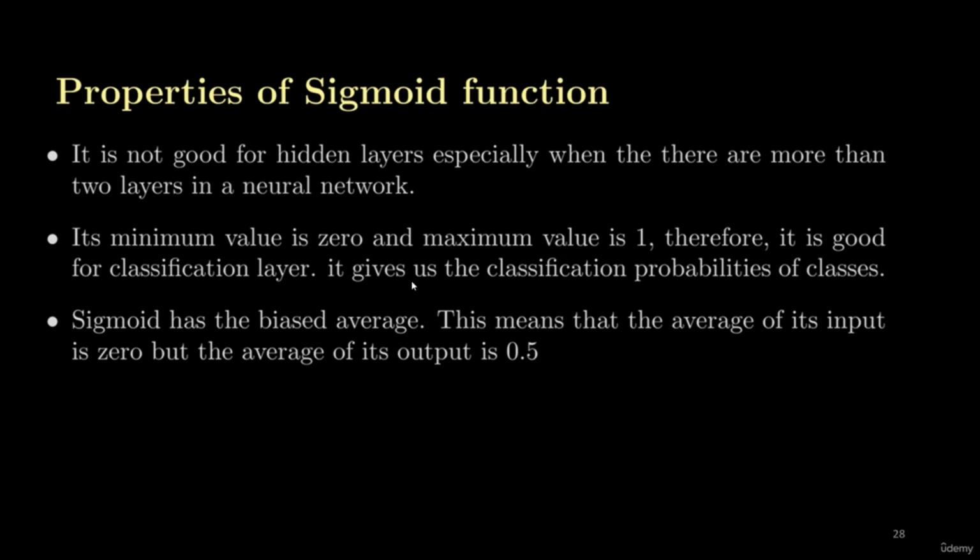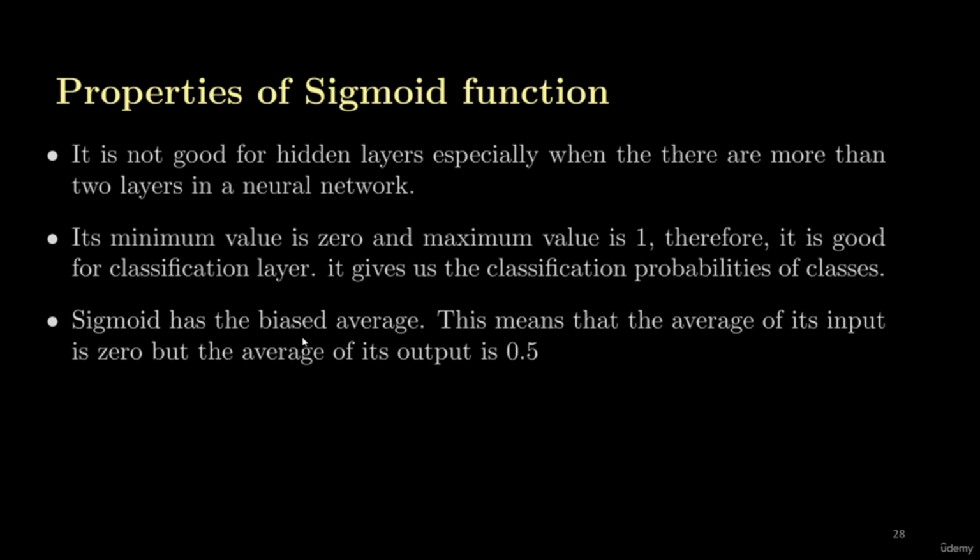Therefore, it is good for the classification layer. It gives us the classification probabilities of classes. The minimum and maximum value of the probability is also 0 and 1 respectively. Similarly, the minimum and maximum value of the sigmoid function is also 0 and 1. Therefore, a sigmoid function can be used with the classification layer or the output layer of a neural network. It can give us the classification probabilities of the classes.